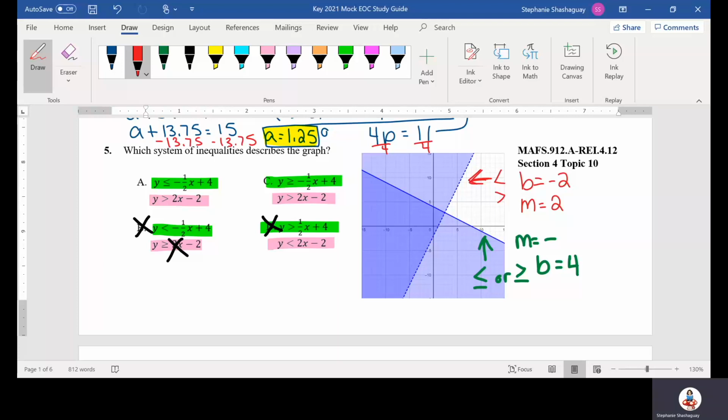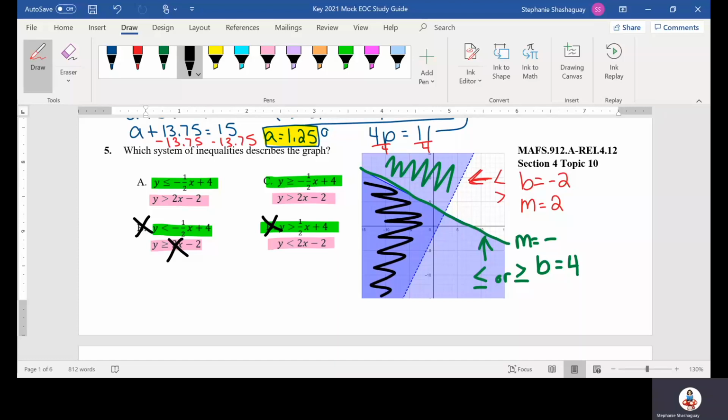Well, what does it mean to be greater than? If my y value is greater than, then that means that my y value is increasing. So if I'm looking at this solid line, if it's going to be greater than, it's going to be on the top part of that graph, which eliminates C, because the key area that's shaded in for both functions is right here in the black.